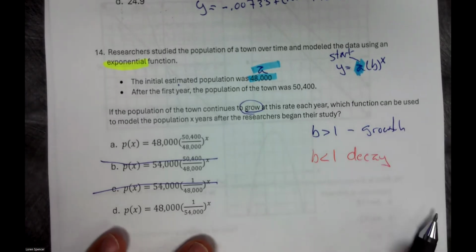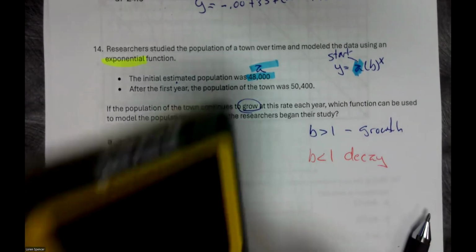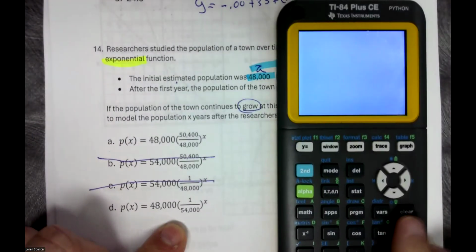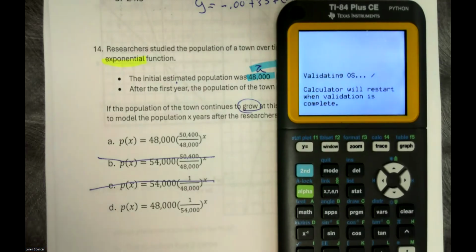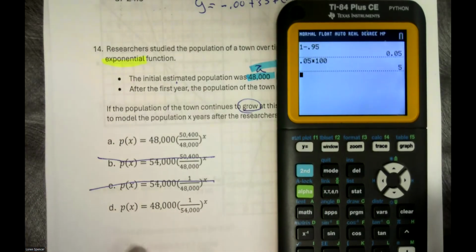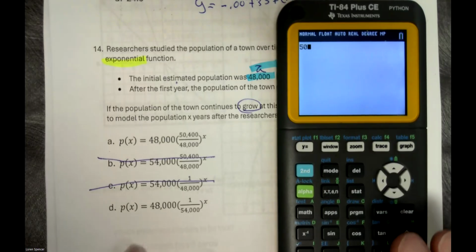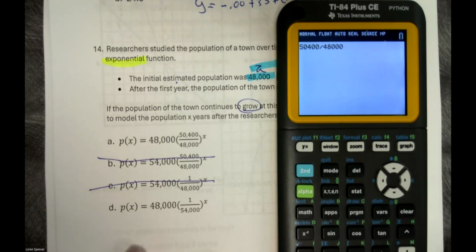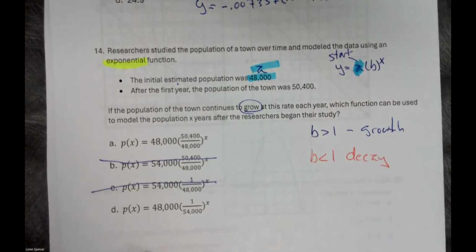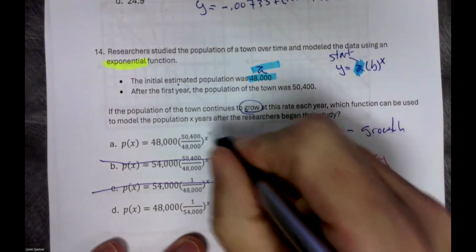Well, guess what? Let's divide these out. I'm going to use the calculator. You can use Desmos, but I'll use the calculator. 50,400 divided by 48,000. Oh, that's 1.05. So this is 1.05.